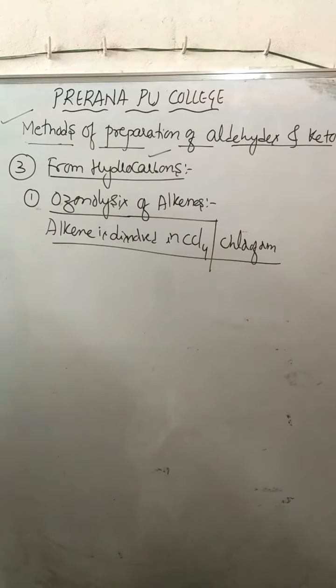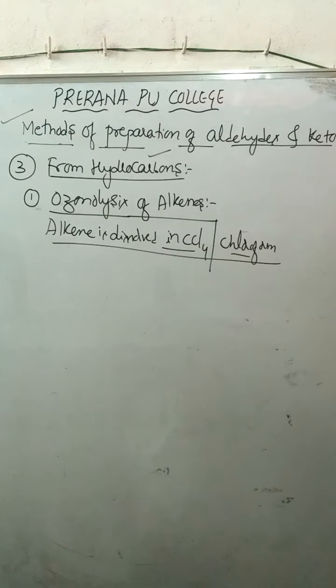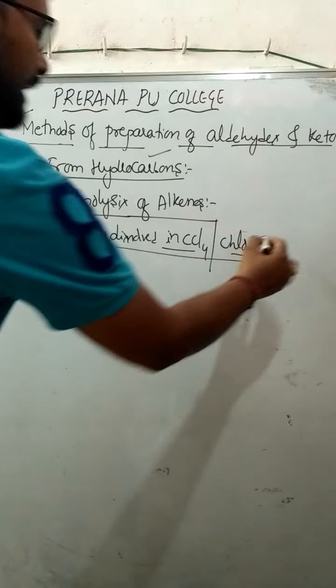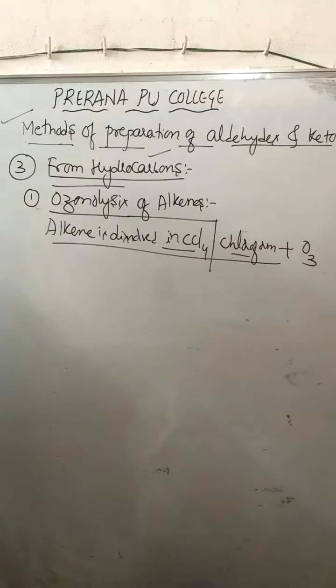When the reaction is set to start, the alkene involved in the reaction is dissolved in either carbon tetrachloride or chloroform, and it is made to react with what? Ozone, because the heading itself tells it is an ozonolysis reaction.